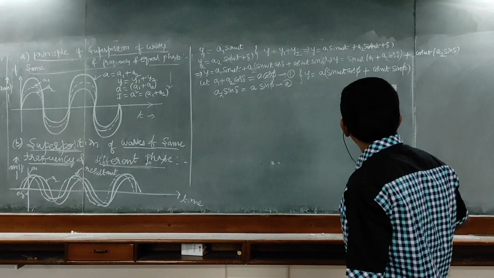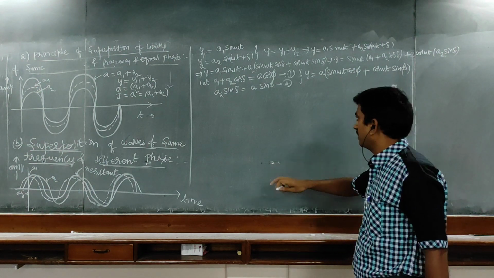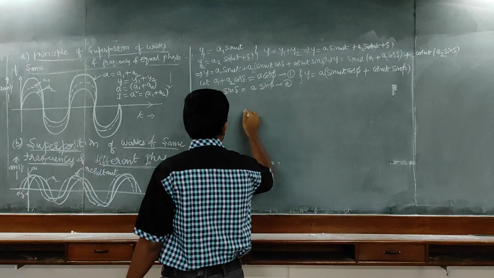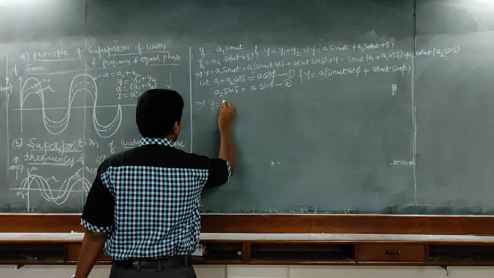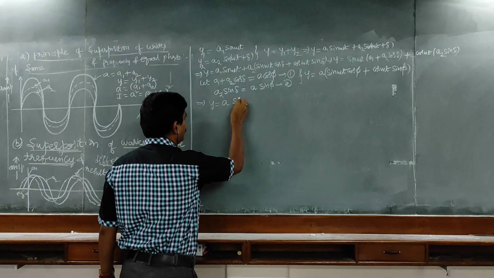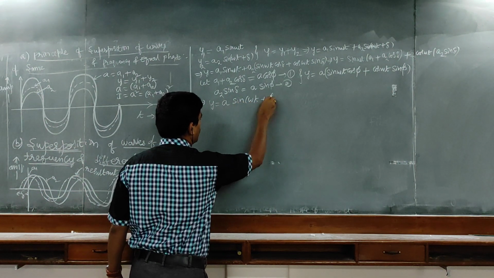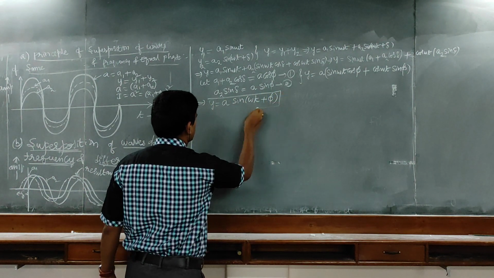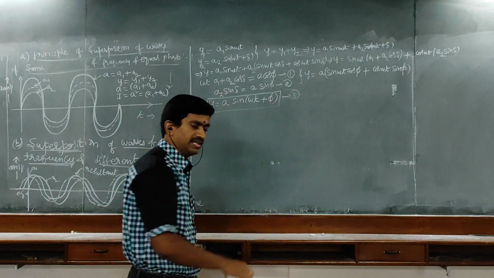Now, which is again in the form of sin a cos b plus cos a sin b. Therefore, that can be written as y is equal to a sin of a plus b format, that is sin of omega t plus phi. Named it as equation number 3.